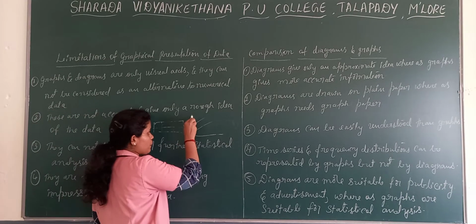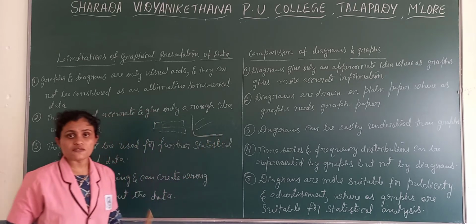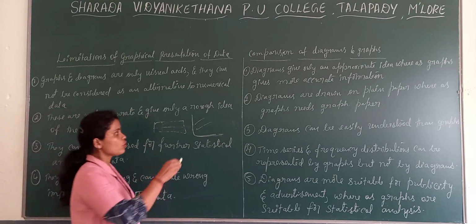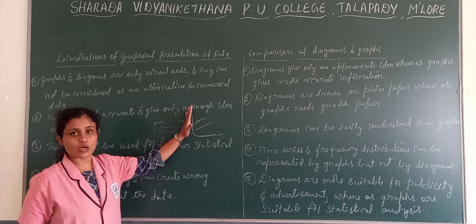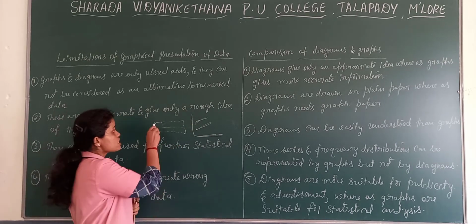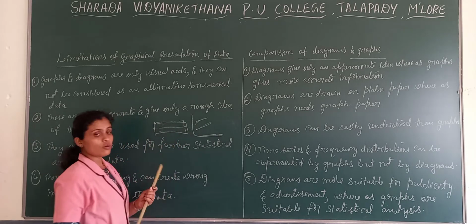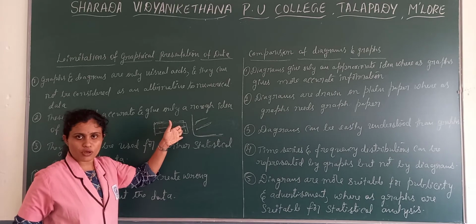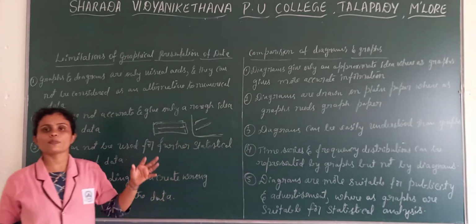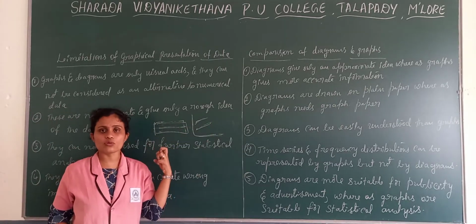Sometimes while preparing graphs, if we go wrong somewhere, it totally misleads the people who watch or observe the graphs. If we have a graph along with the tabulated information, we give more importance to the graph because it is easy to understand.